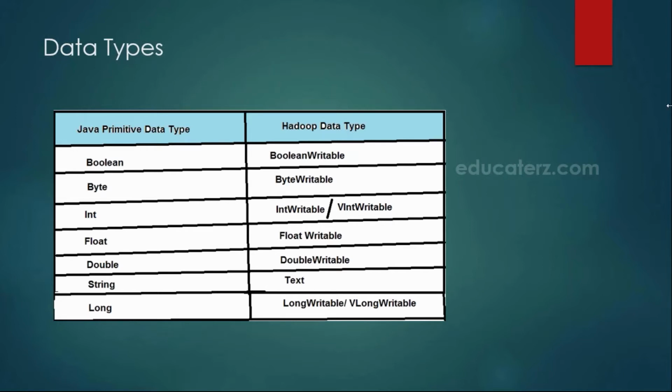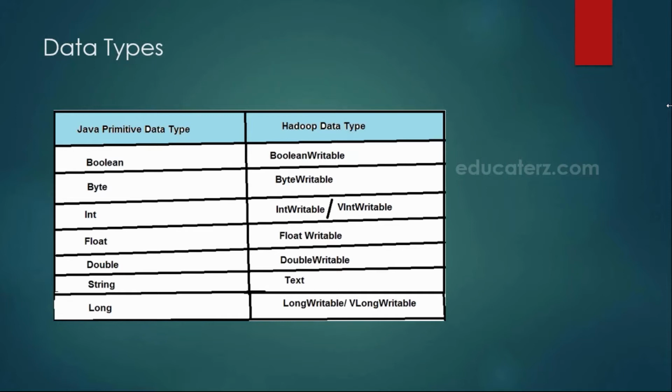And in Java, you have string as the data type, but in Hadoop, we have Text. By seeing this, we might have a question: why are the Java primitive data types not used in Hadoop, and why do we have separate data types in place?